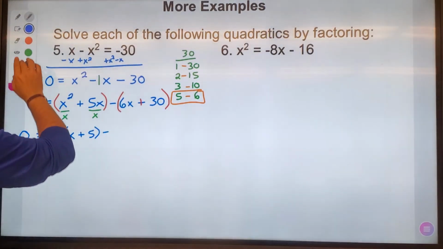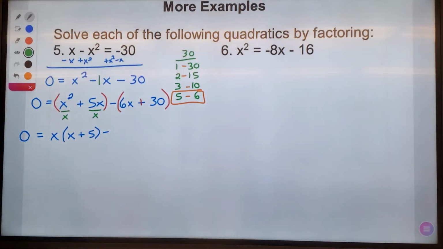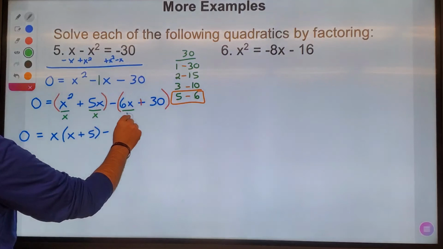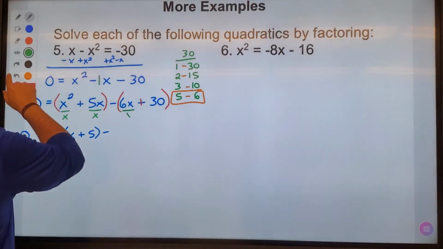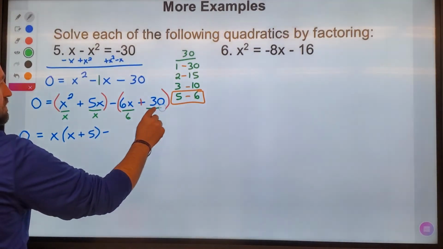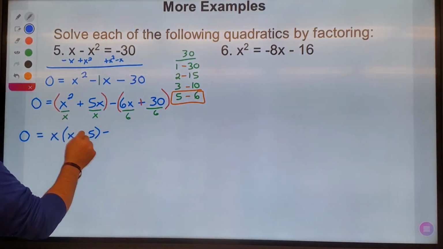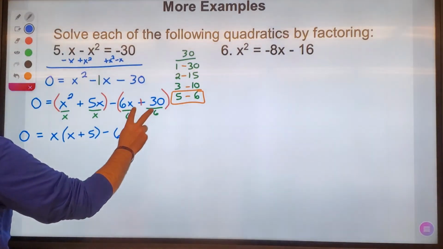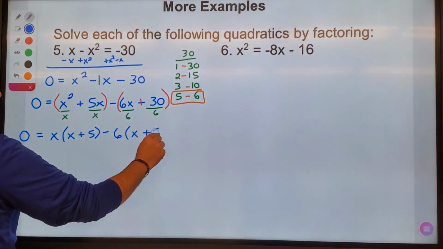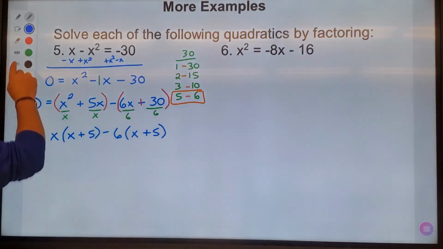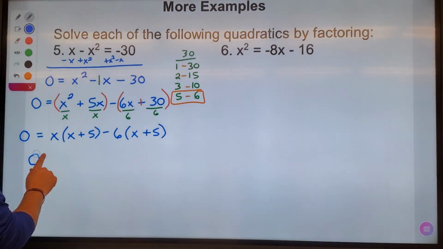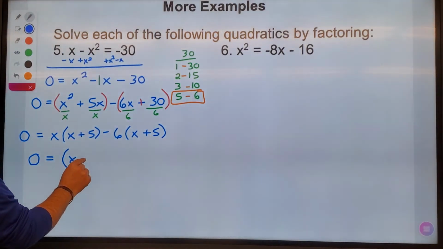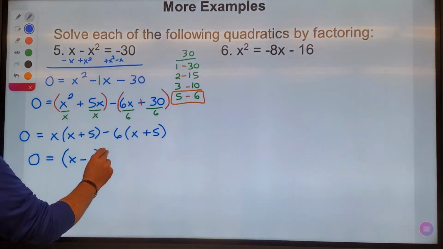Sign in the middle comes down. 6x and 30, I can divide both of those nicely by 6. The 6 comes out. 6x divided by 6 is just x. 30 divided by 6 is 5. Which then factored out, 0 equals x minus 6, and then x plus 5.